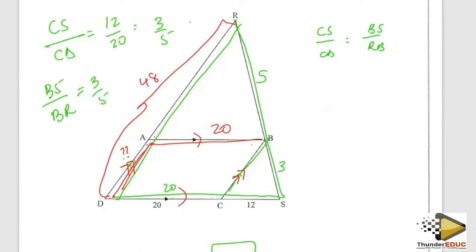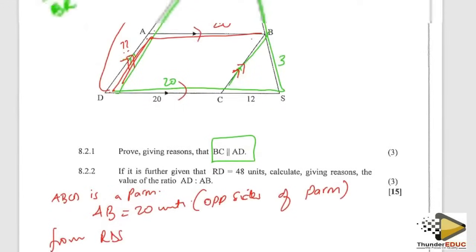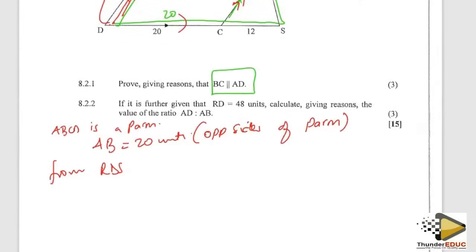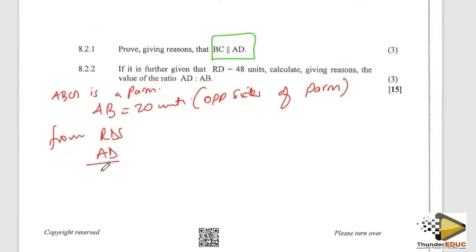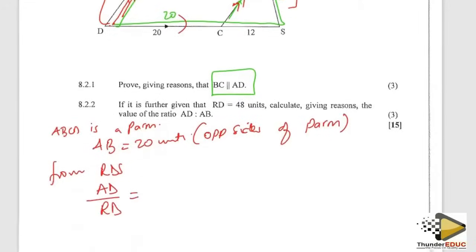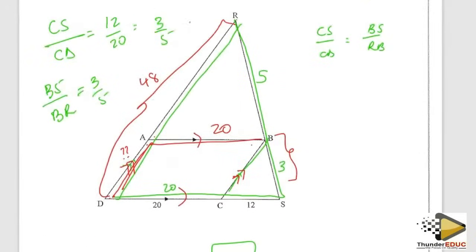Then I can go back to my triangle RDS and say that from RDS, if I use my proportionality theorem, AD over the total distance RD must give me the same thing as BS over the total length, which is RS.